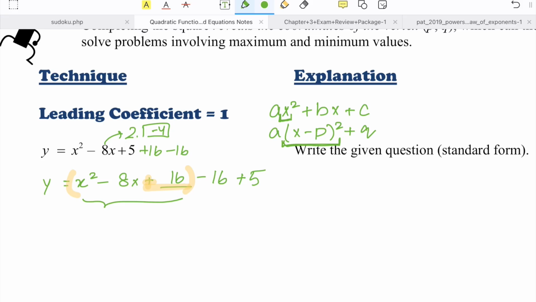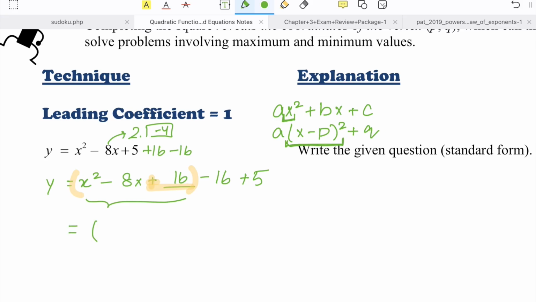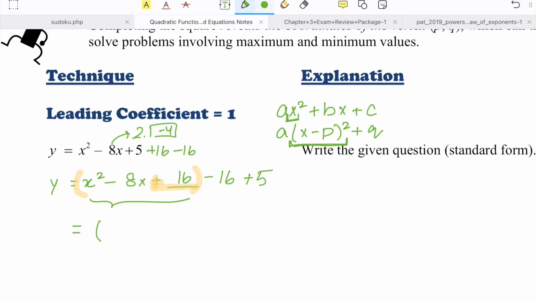So this is what we are trying to do with completing the square essentially. Does that make sense? So when I do this, I know it's going to be a perfect square, and what will my factors be if I were to convert it into a binomial factor? If I were to factor this, what will I get?